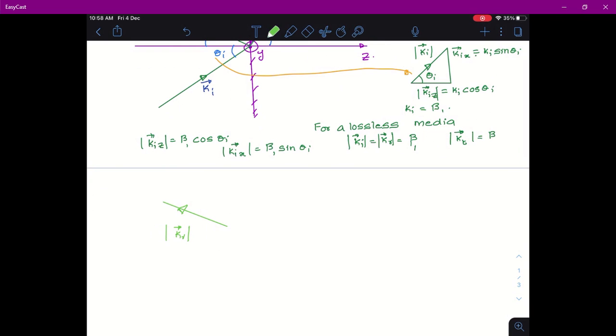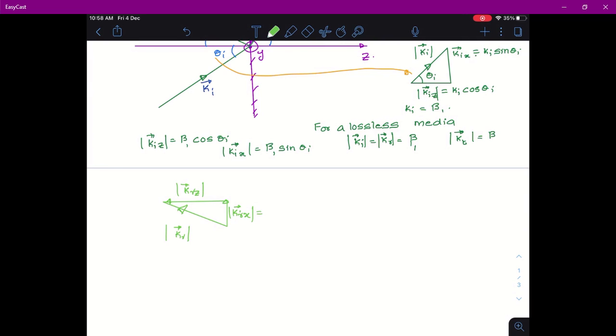To resolve this, you need to go like this and go like this. So this is krx because it's in the top direction, and this is krz, but this krz is in the backward direction. So these are krx and krz.